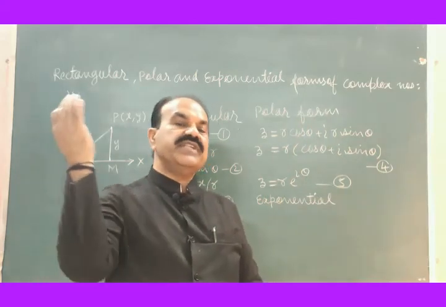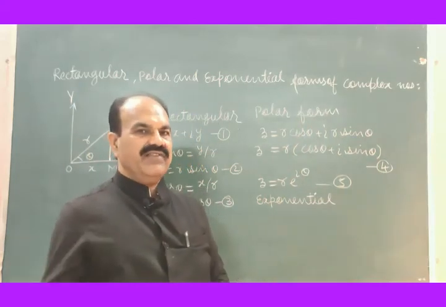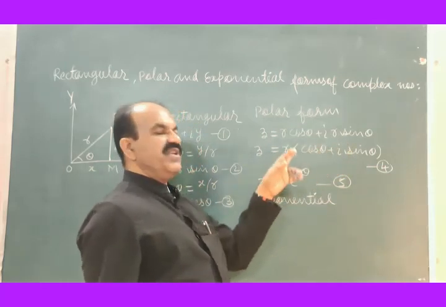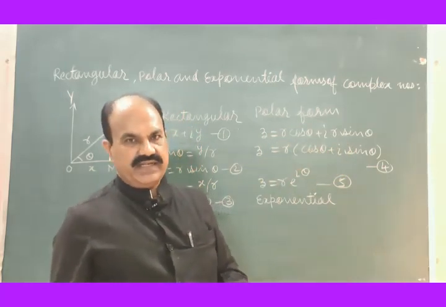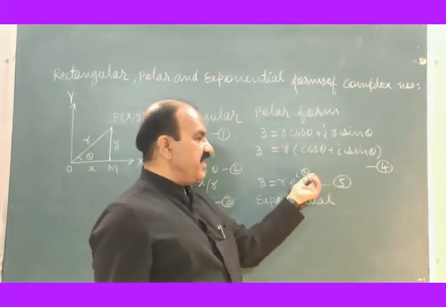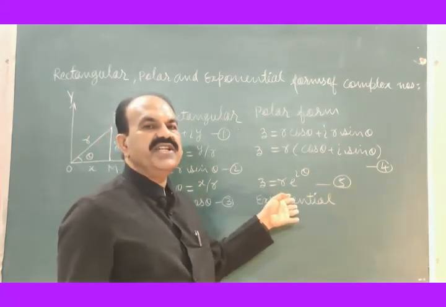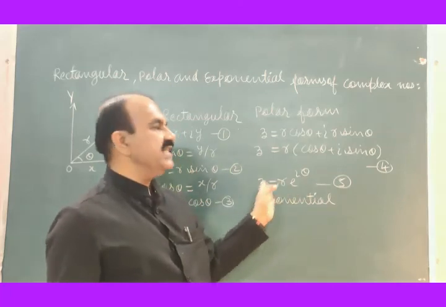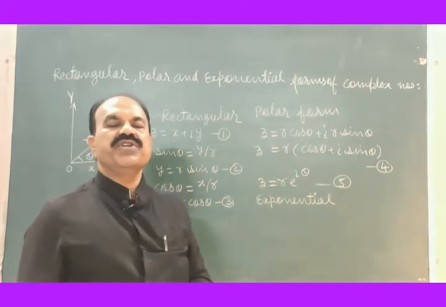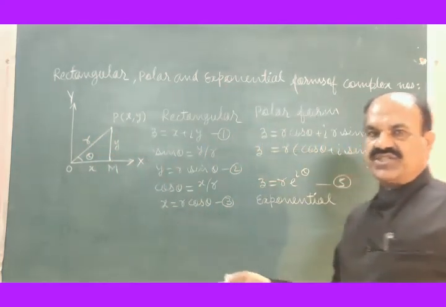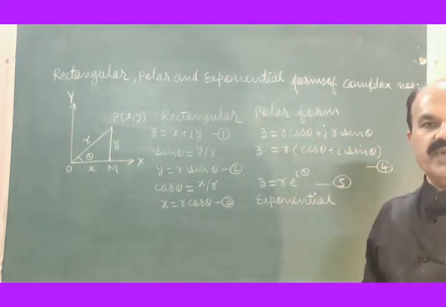So when this bracket is replaced by e to the power i theta, the complex number is written as z is equal to r e to the power i theta, and it is known as the exponential form of complex numbers.